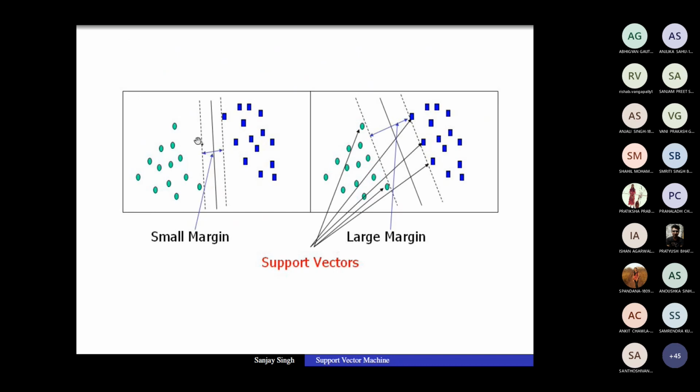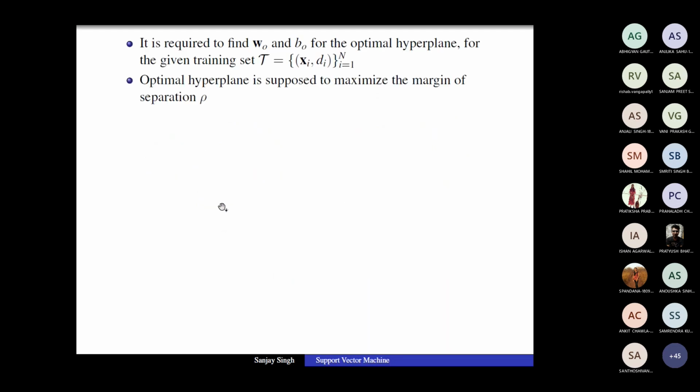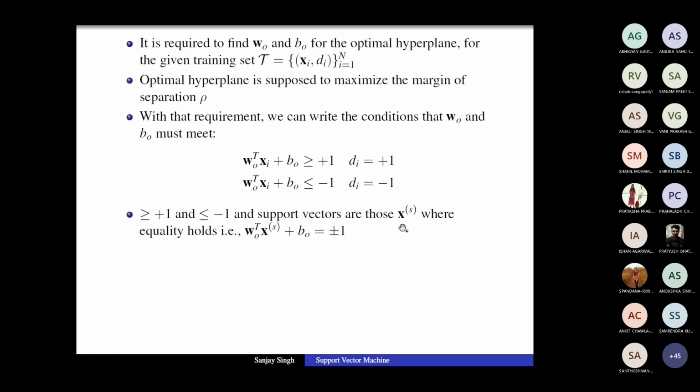Those points are called support vectors, denoted by x of s, right? So Wᵀx of s plus b0 equals either +1 or -1.